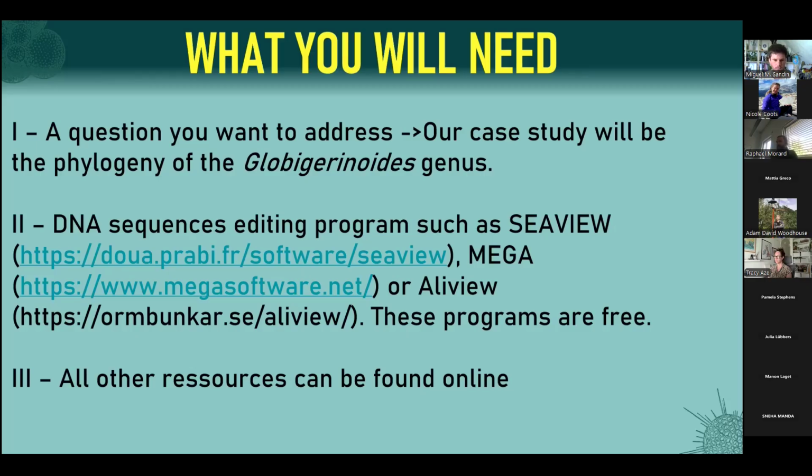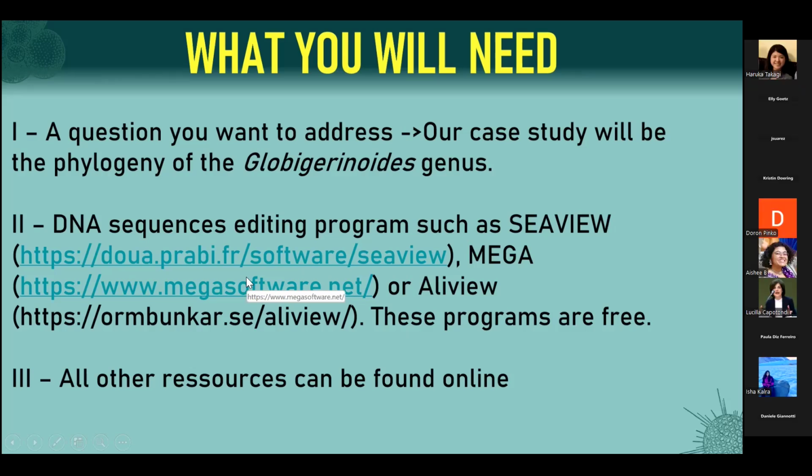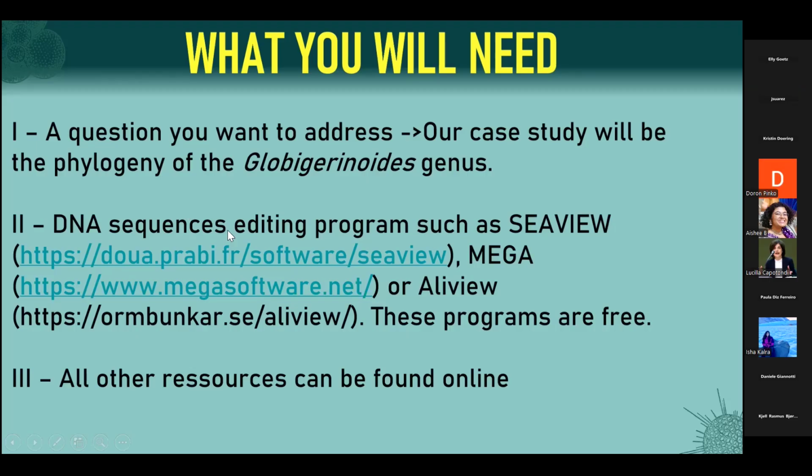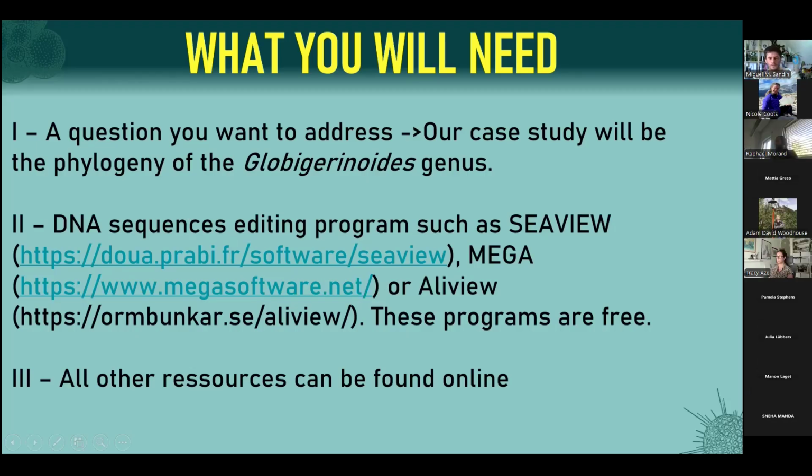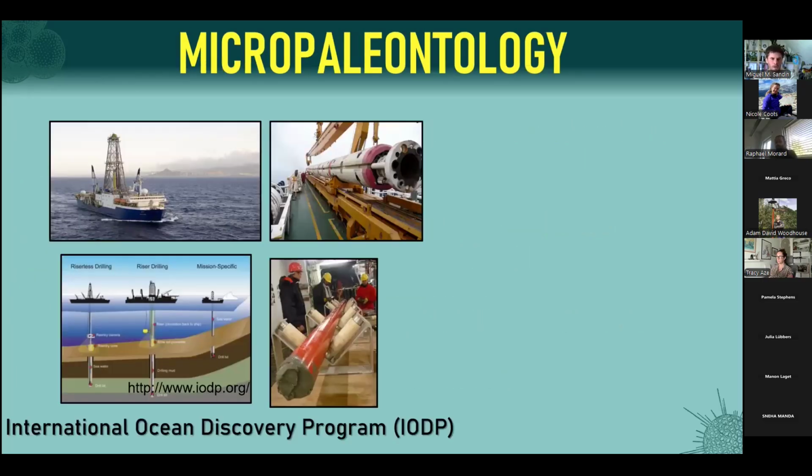And these are free. And all other resources that you may need, you are going to find them online. So you don't need to worry about anything else. So really the central part is going to be your question and this sequence editing program.